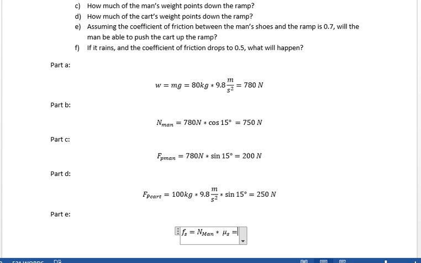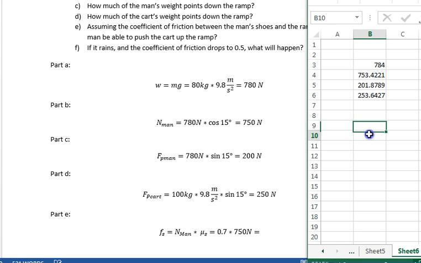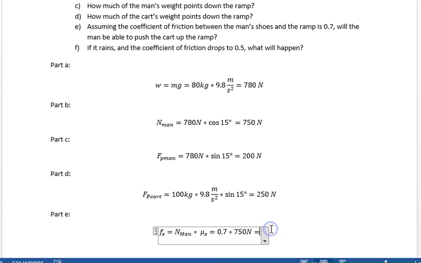The 0.7 is the coefficient of static friction, and his normal force is 750 newtons. So 0.7 times 750 newtons is the maximum force he can exert. Call it 530 newtons, keeping our significant figures correct.